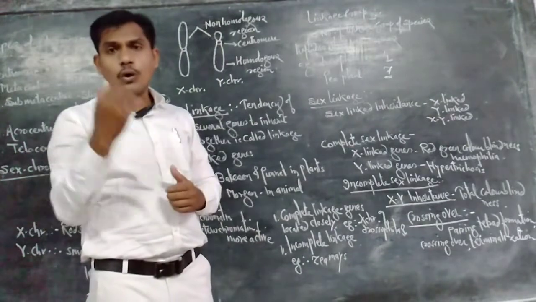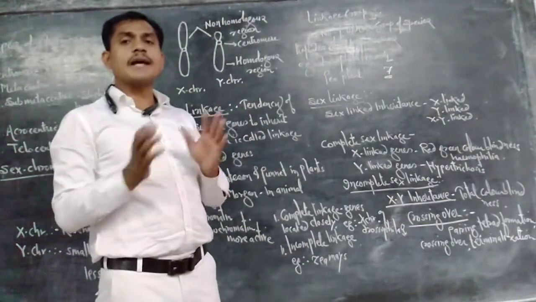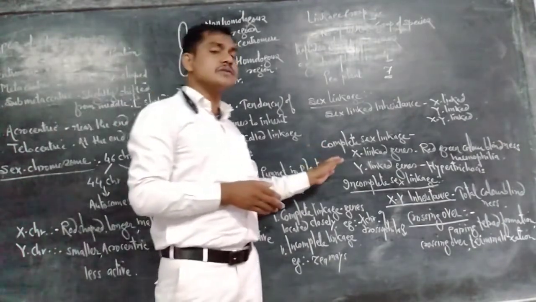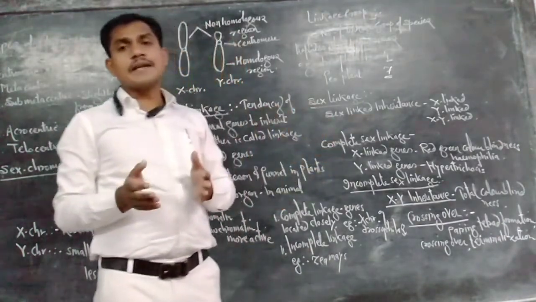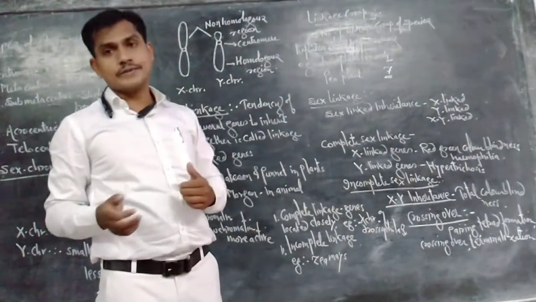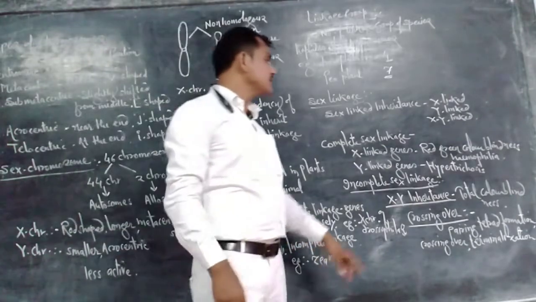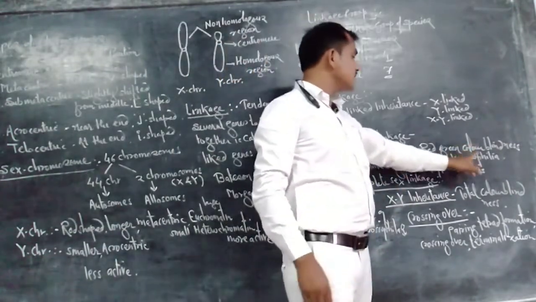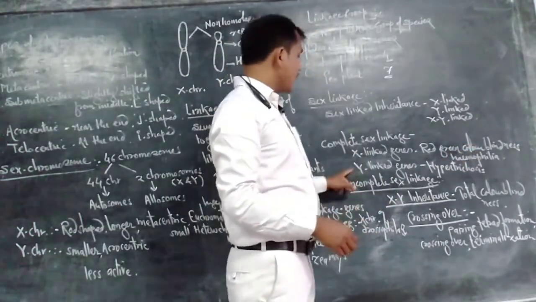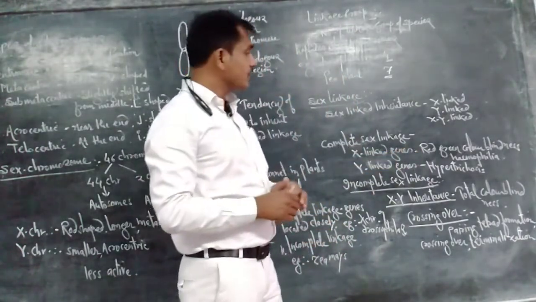Genes present on the non-homologous region of the X chromosome are X linked genes. If the genes are present on the non-homologous region of the Y chromosome, these are Y linked genes. They are forwarded together completely, as complete sex linkage. Examples of X linked genes are red green color blindness and hemophilia, while examples of Y linked genes are hypertrichosis and ichthyosis.